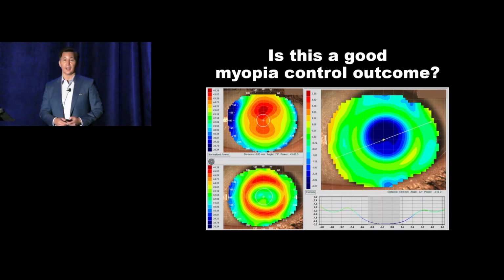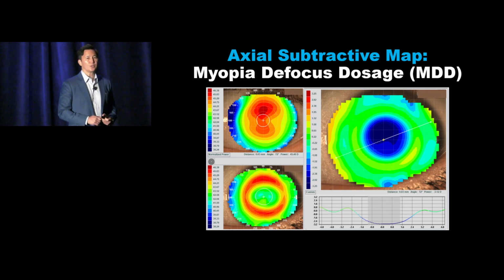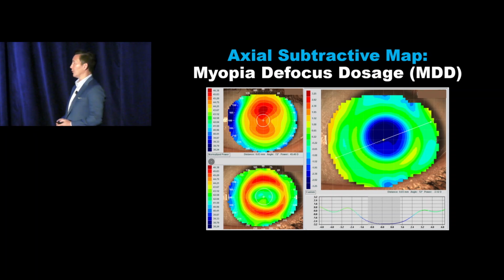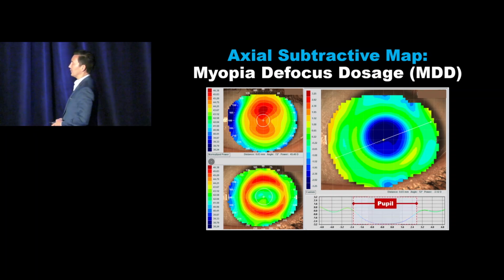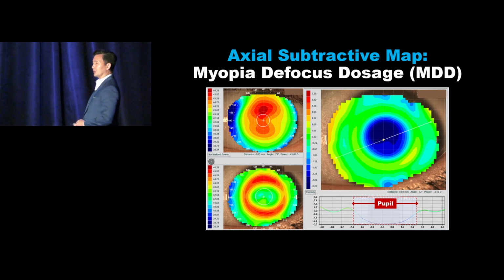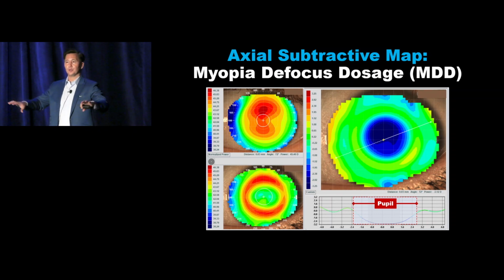So what do we look at? We call this at Pacific University the myopia defocus dosage, or what you might just call the blur, the defocus. And what we're looking at is this action within the pupil. So just focus on this graph down here. If we assume a 5 millimeter pupil, what is the power distribution within that 5 millimeter diameter?